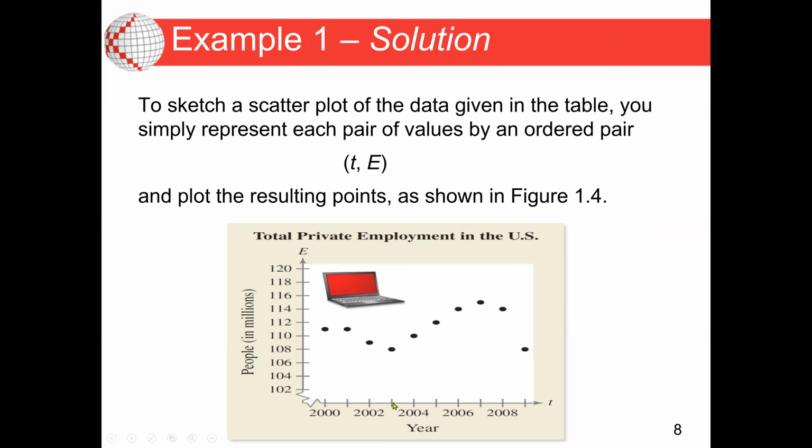Then after 2003, it went up to 2007. Then it went down somewhere around 2008 and 2009. So by plotting the data, we can visualize the relationship between people that were employed in the private sector in the US and the years as the years go by between 2000 to 2009.